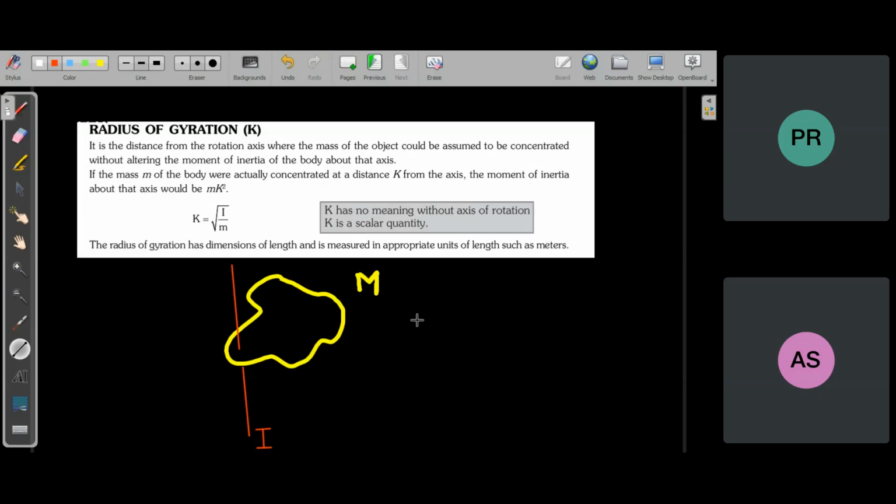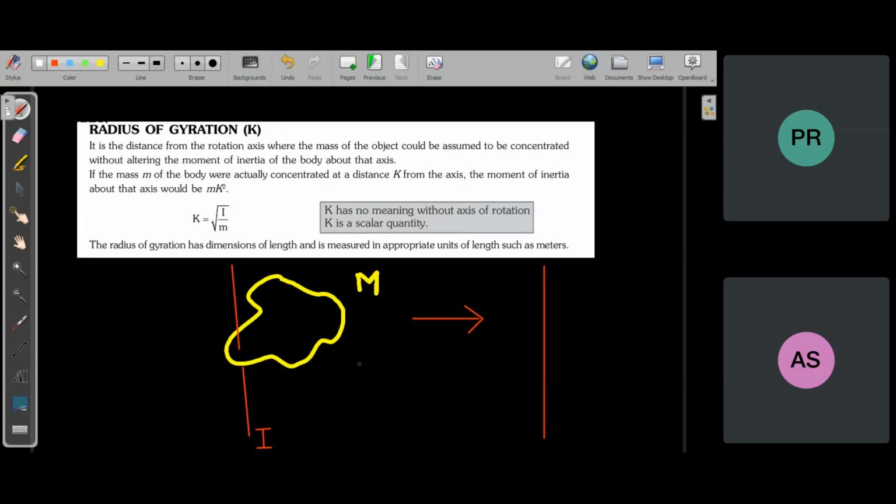Now, what I'm saying is that you can replace this whole body just like a particle so that the moment of inertia remains exactly the same.